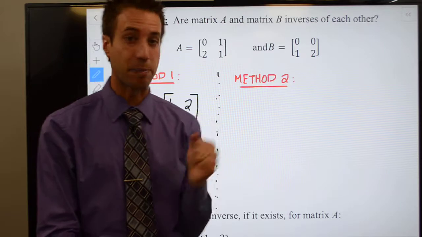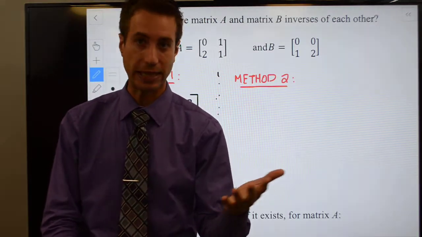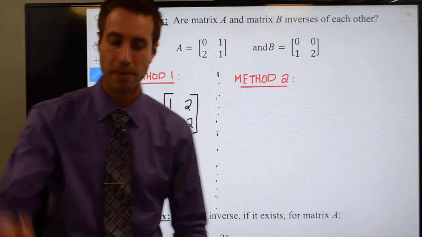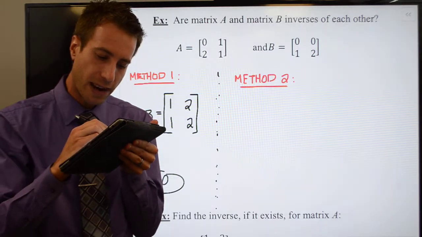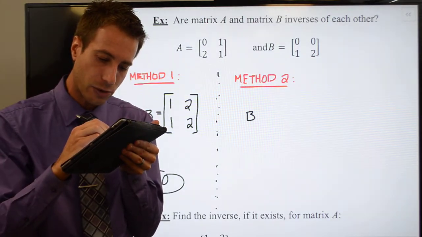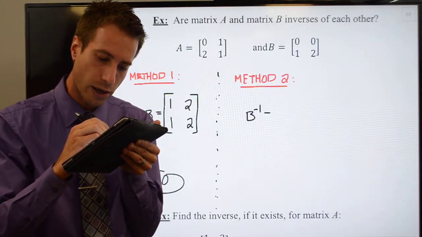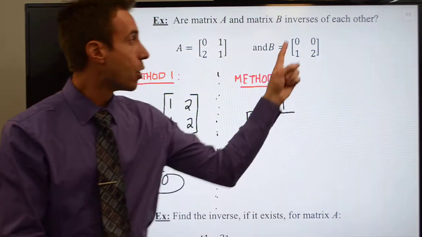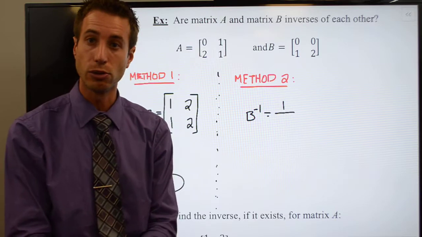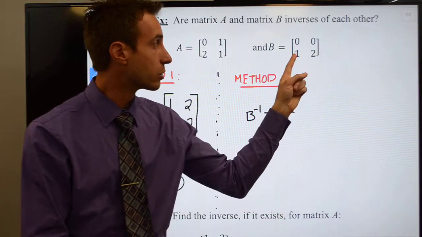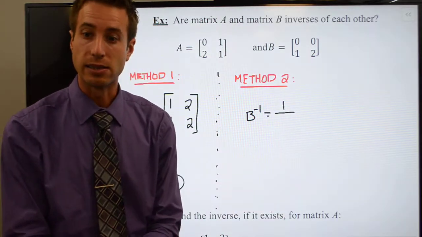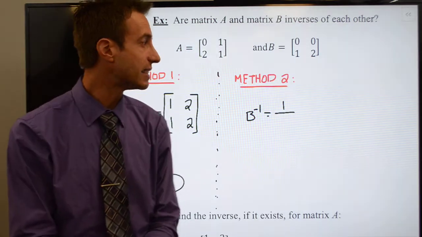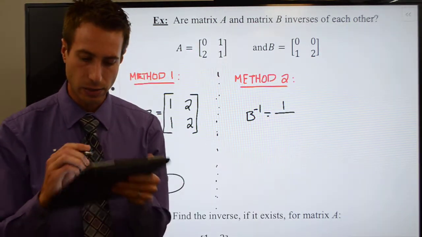I'm going to go ahead and pick B since it's got more zeros in it. We like zeros in matrices. It makes our math easier. So here we go. We're going to find the inverse of matrix B. And remember, here's the way it works. I'm going to do 1 over the determinant. Well, 0 times 2 is 0. 0 times 1 is 0, and what I wind up with is 0 minus 0.